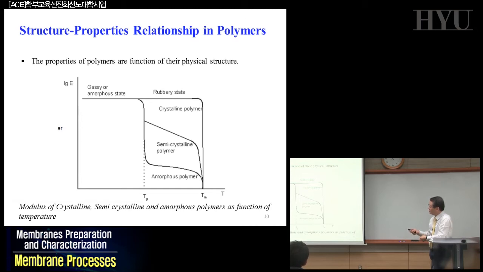the modulus will decrease largely for an amorphous polymer, whereas you maintain some crystallinity. Therefore, the semi-crystalline polymer will follow this line, whereas the crystalline polymer will not change its modulus, but will decrease its modulus above the melting temperature, because the melting temperature, again, is defined as the temperature where your crystalline portion will be enormously moving.